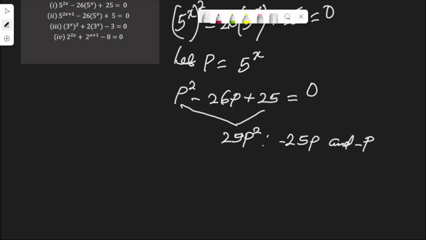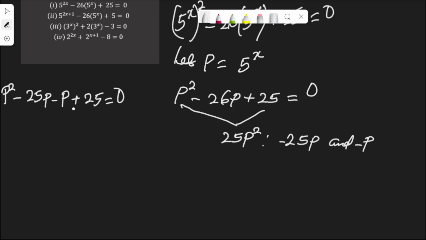So once we get the factors, we can replace this middle term with the factors so that the equation becomes p squared minus 25p minus p plus 25 equal to 0. Remember, I said once we get the factors, we'll replace the middle term with the factors.